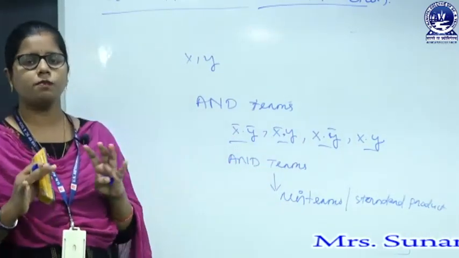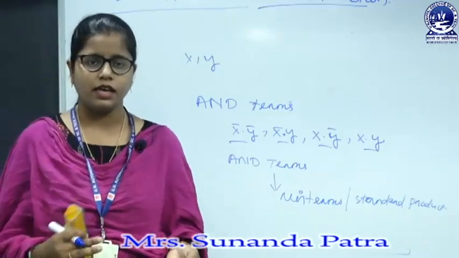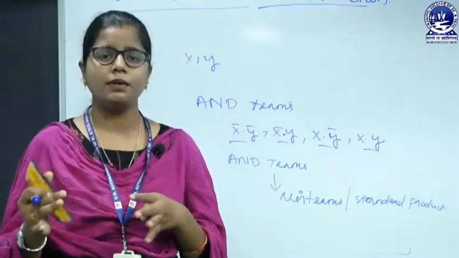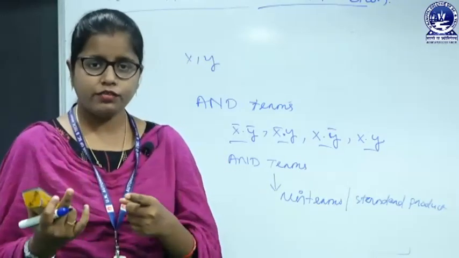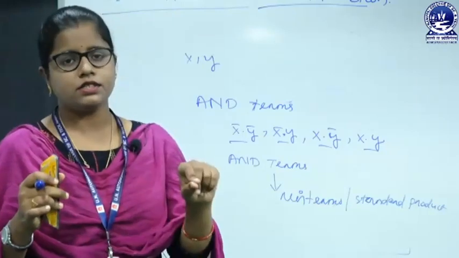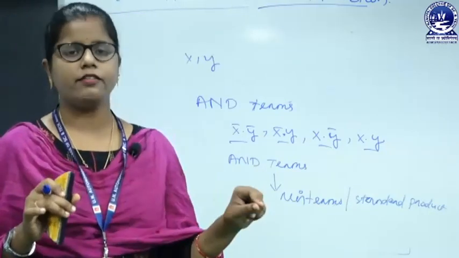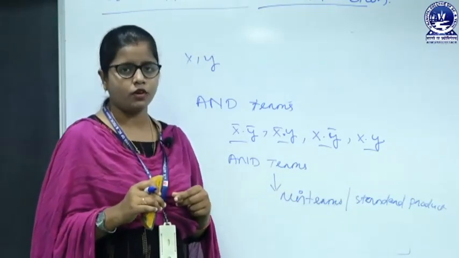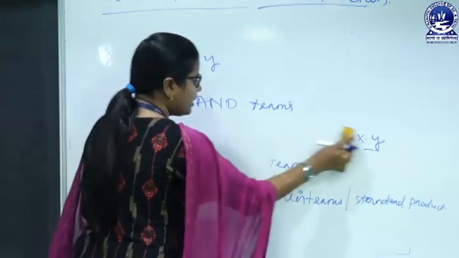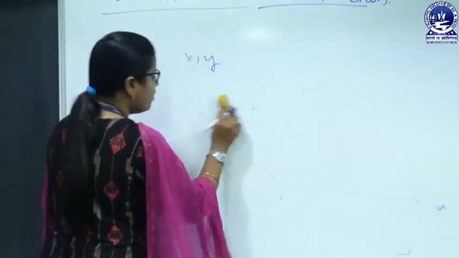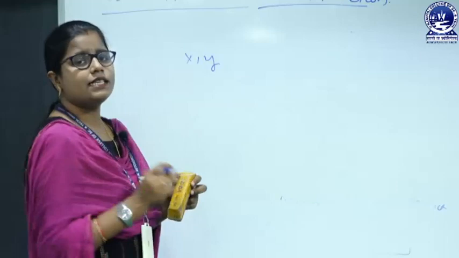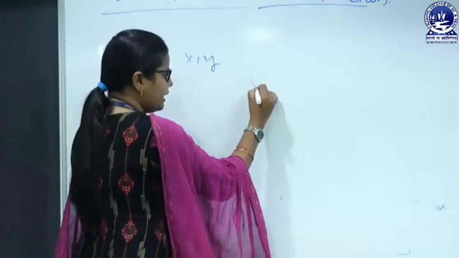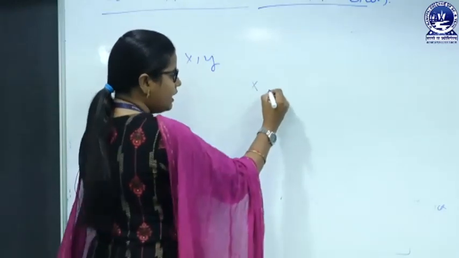When we form AND terms of any number of variables, there may be 2 variables, there may be 3 variables, there may be n number of variables, that term is known as the min term or standard product. So how could we know whether the complement or the normal form will be taken? For any variable, if it is x, we have 2 forms.